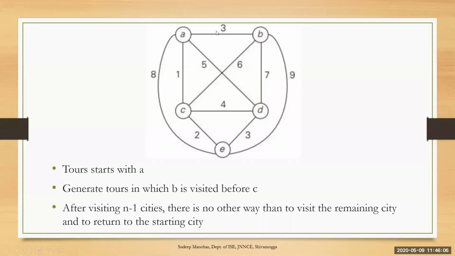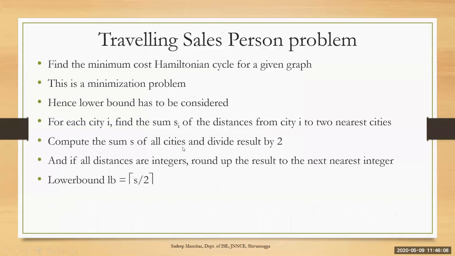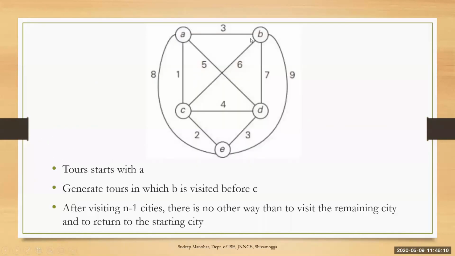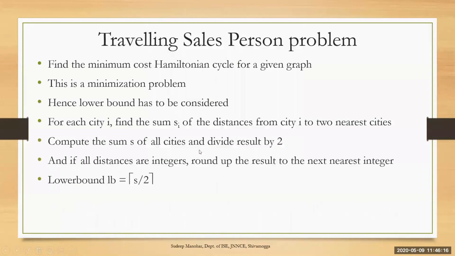That is to be calculated for every city, not just for A. For all the cities, you calculate what is for A, what is for B, for D, for E, and for C. After calculating, you add all the sums of all the cities and divide it by 2. That will give the lower bound.